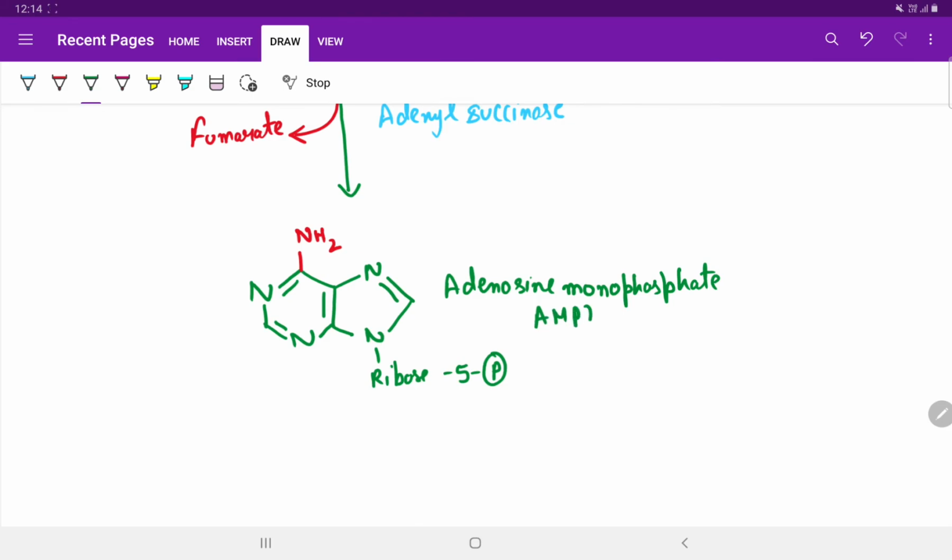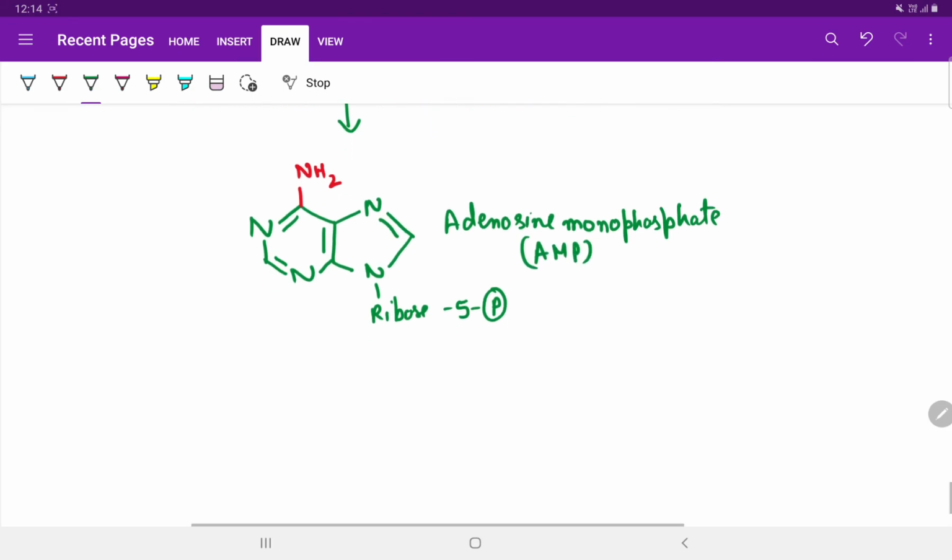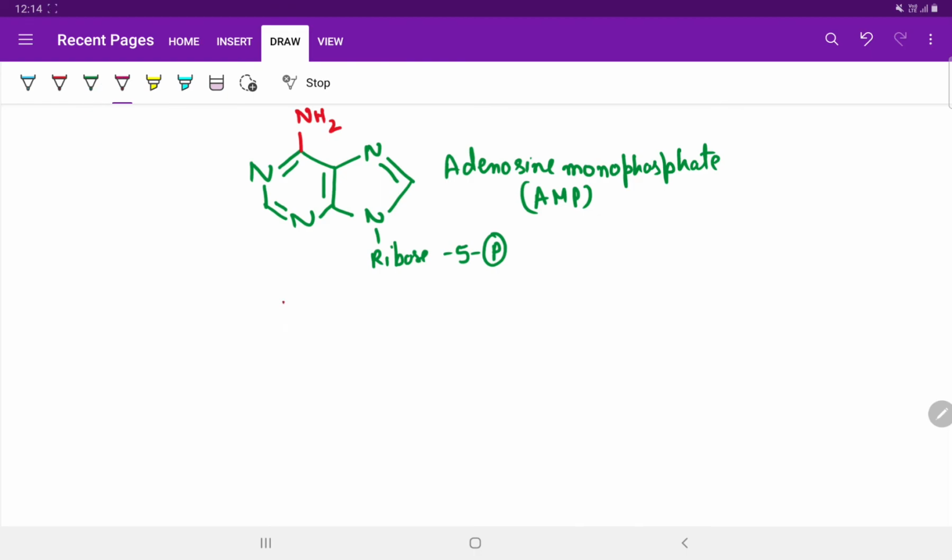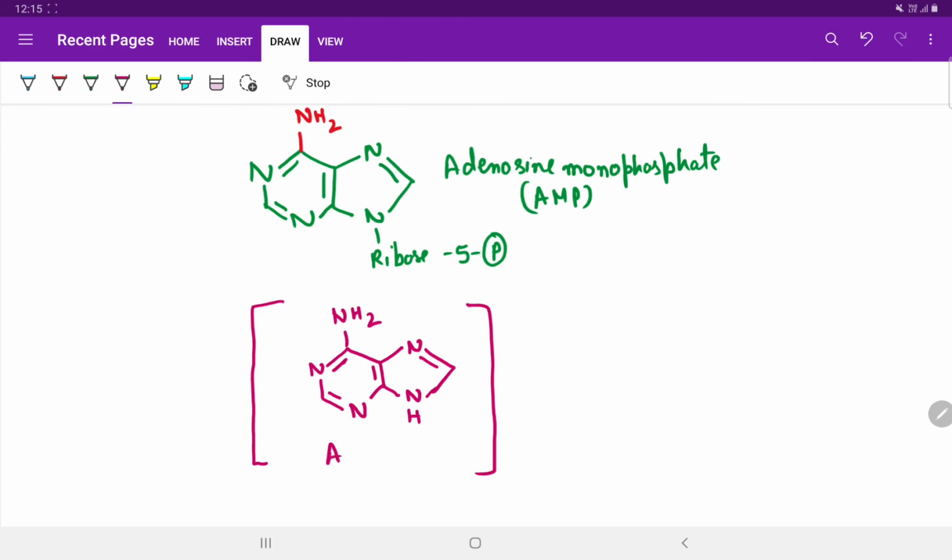This is the phosphate form of adenine. So we can mark the structure of adenine here. So this is the structure for adenine. You can see the similarity here. Addition of only ribose 5-phosphate is mentioned here.